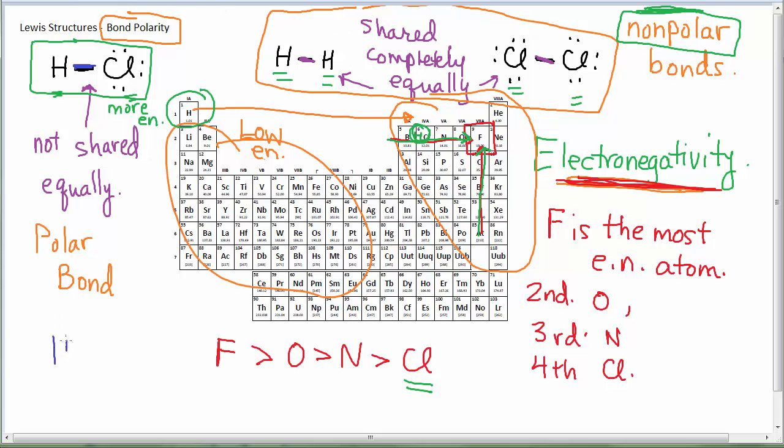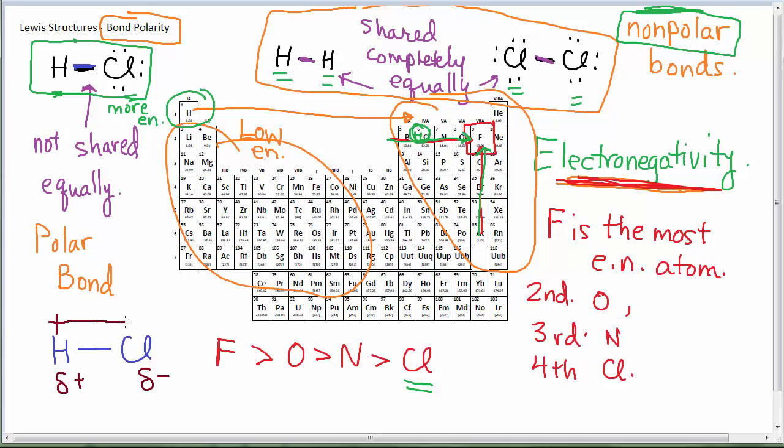There are several ways that we can represent that. If I bring my molecule down here, and I am just going to draw the bond between hydrogen and chlorine, I'm not going to bother to draw in the lone pairs, we would say that hydrogen has a partial positive charge, that's how I make that symbol, and chlorine has a partial negative charge because chlorine is pulling those shared electrons closer to itself.